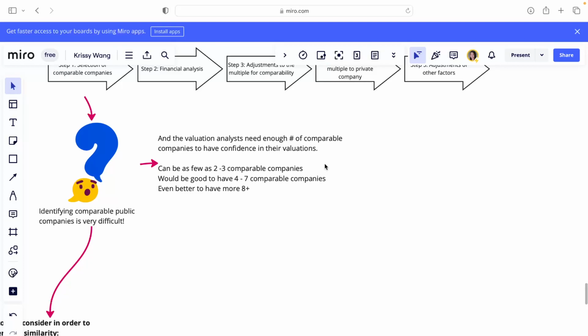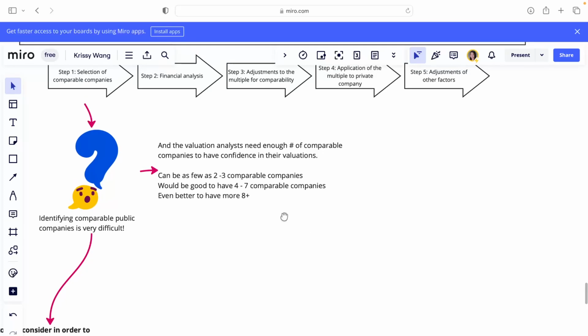Some of the thresholds I put on here: they can use as few as 2 to 3 comparable companies, and it would be really good to have 4 to 7. Actually, once you have at least 4 companies for comparison that you feel confident about, the confidence in the valuation rises very sharply. If you can find 8 or more, that is amazing. You get a gold star. Kudos to you. Great job, valuation analyst.